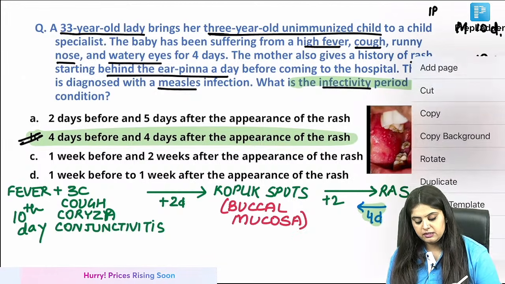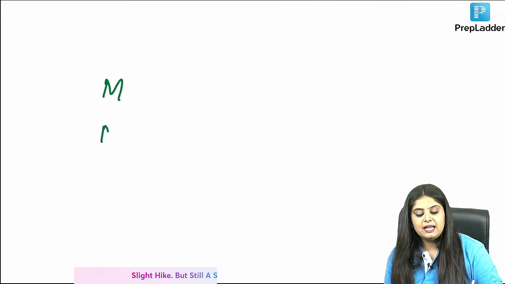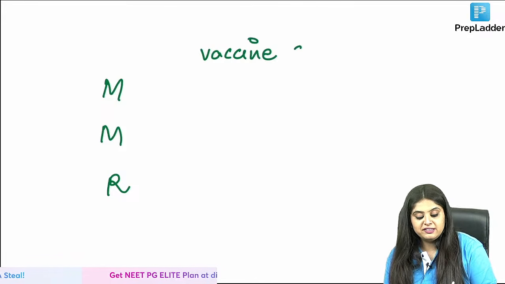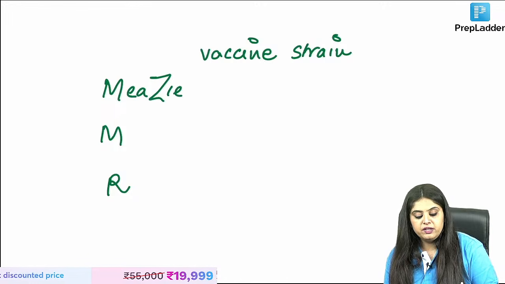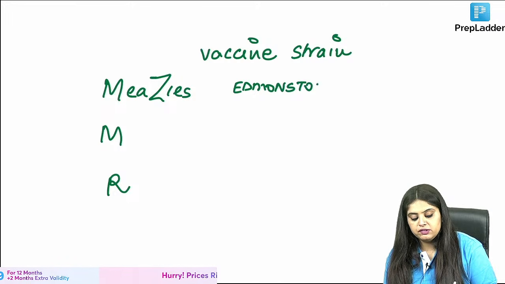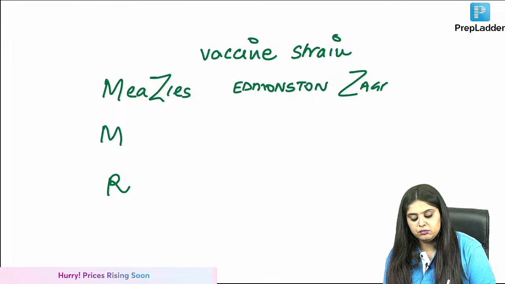One more thing, quickly, it is from pediatrics: because you told me everything about MMR, tell me their vaccine strains also. Since we are already late, let's do it properly. What are the vaccine strains? Measles, the way you write it, you will learn which vaccine strain: Edmonston-Zagreb strain is what is used.